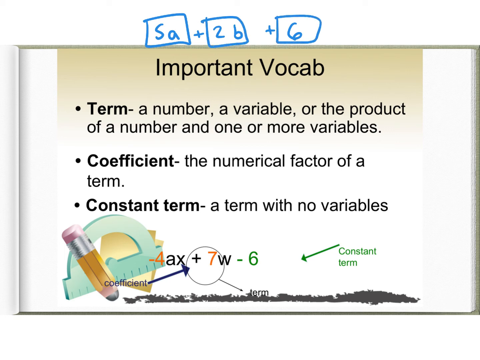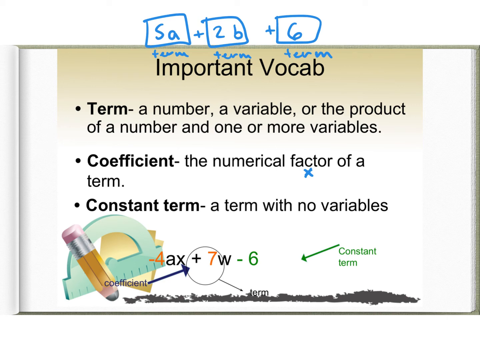So terms are separated by plus or minus signs. So term, term, term. Coefficient is the numerical factor of a term. Factor is another word for multiply.